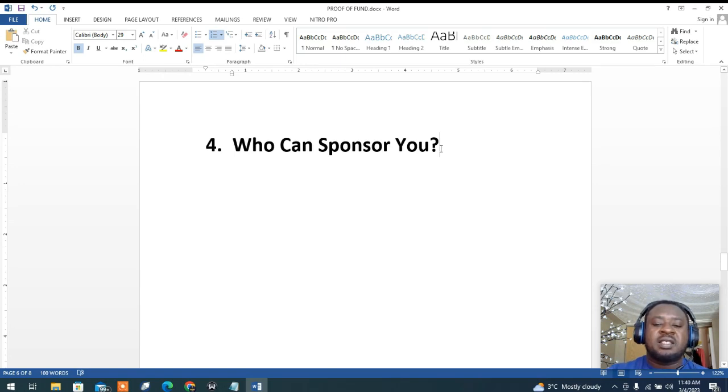Sponsorship means assisting you in financing some part of your studies, like maybe the person can offset the first tuition fee or your housing or your living expenses. There are different parts of the funds that your sponsor can handle.